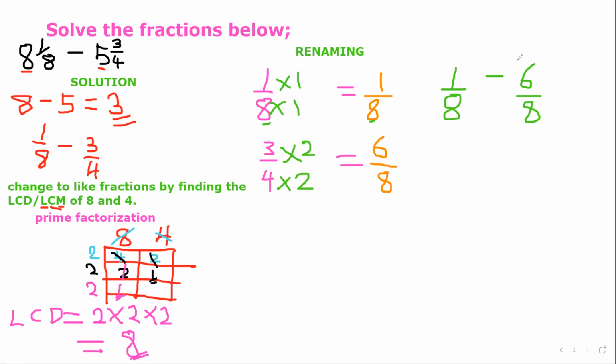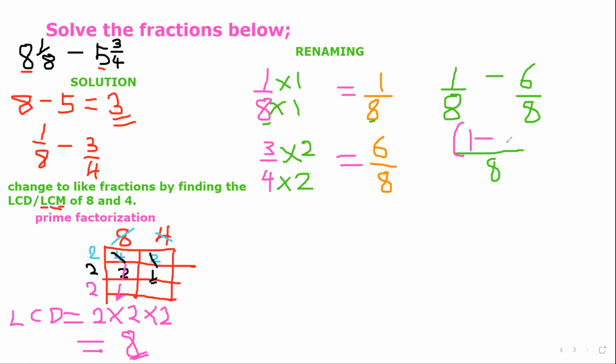Since the denominators are the same, we subtract the numerators here. Good. I remember we have a positive 3 here. So let's deal with this one amicably. Now you choose one of the denominators, which is the 8, and then you perform the operation here.